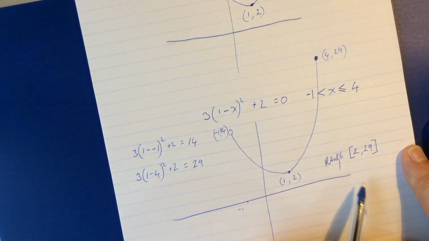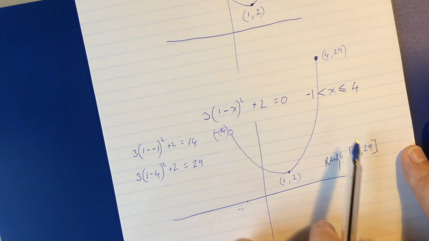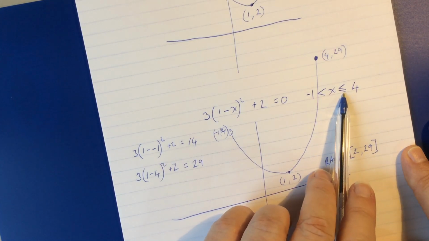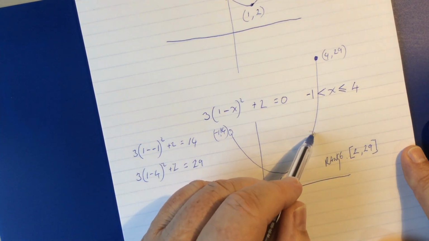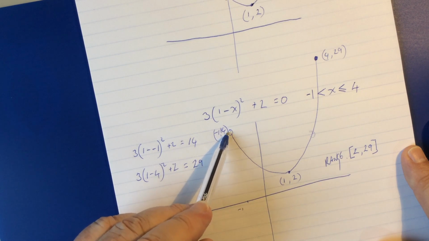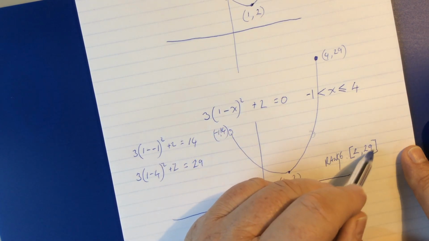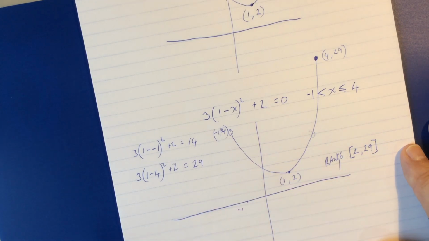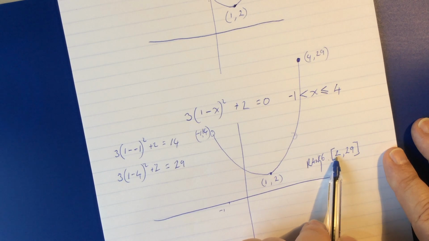And they both have square brackets because there's an equal sign in there. Now, if this thing had ended down here somewhere, this would be the greatest value here, and 14 would have a round bracket. So the range here is from 2 to 29.